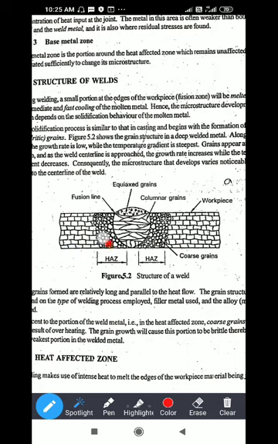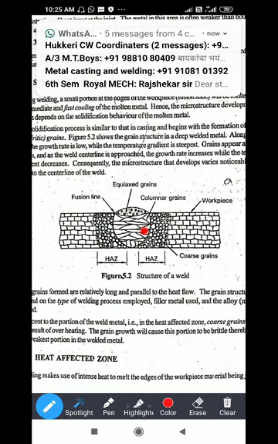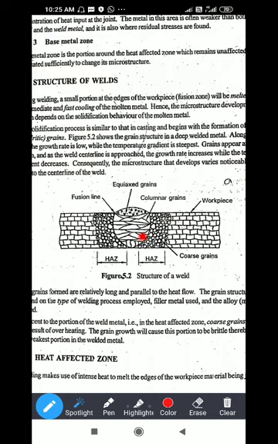You can see the size of the grain here, and in the fusion zone you can see the size of the grain. Okay, so see over here the grain sizes are different. Over here the grains are small and tiny, and over here the grains are larger, longer ones.